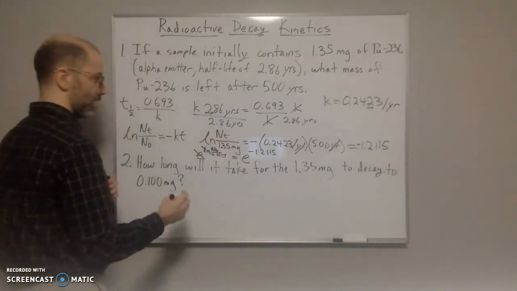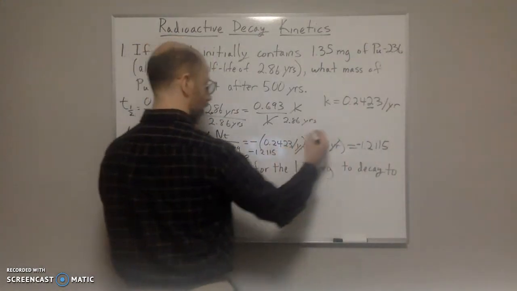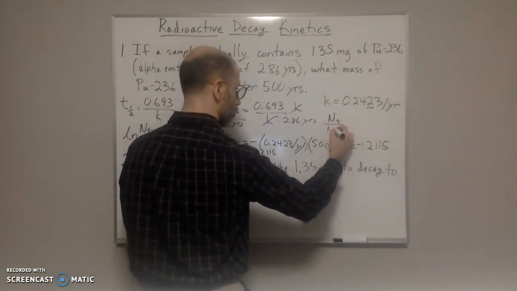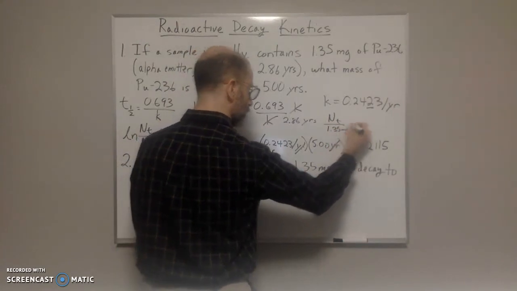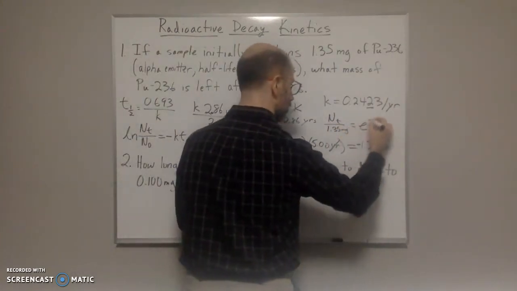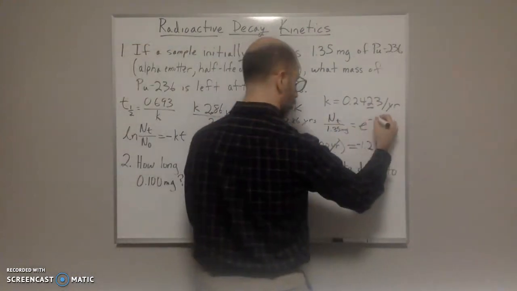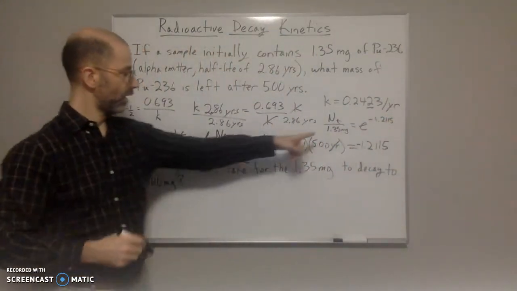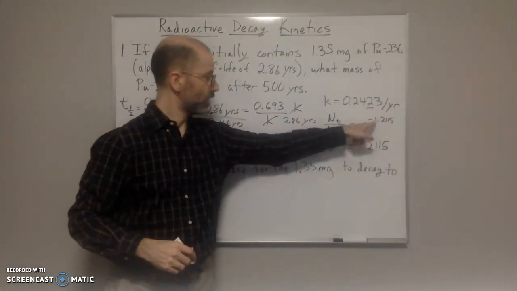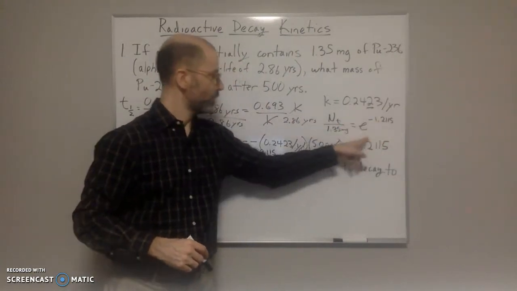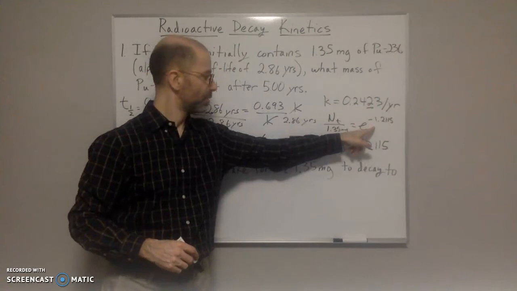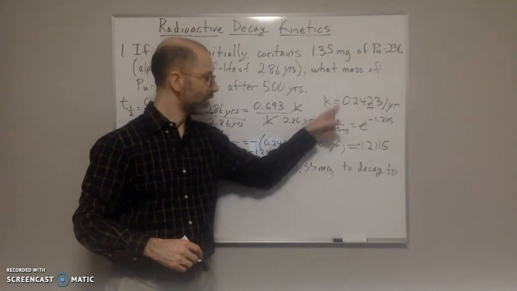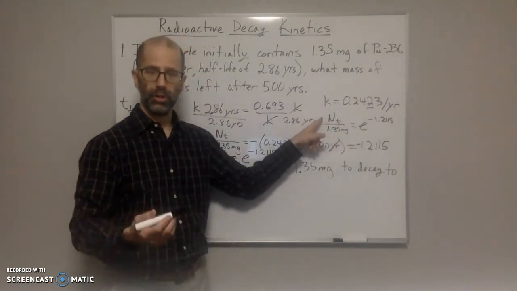So using this space over here, what I end up with is n_t over 1.35 milligrams equal to e to the same power, negative 1.2115. Now I just use my calculator to calculate what e to the negative 1.2115 is. Then I multiply both sides by 1.35 milligrams, and I get the amount left over after the 5 years.